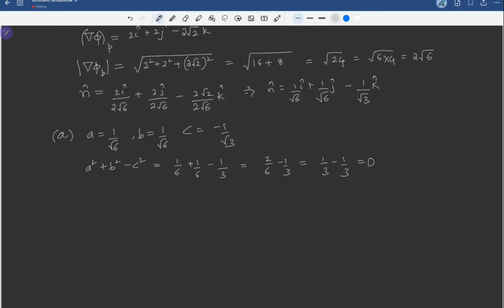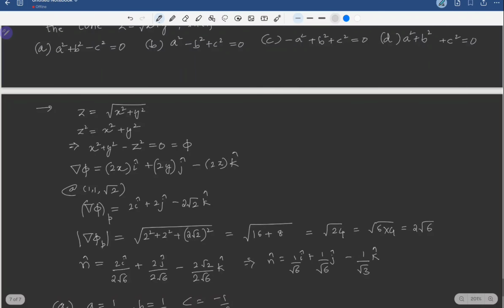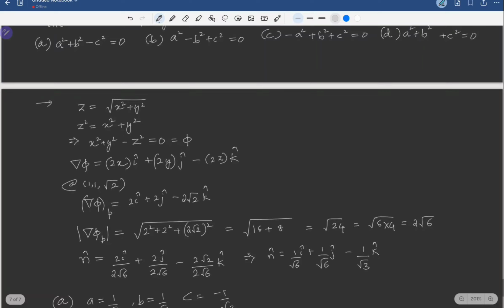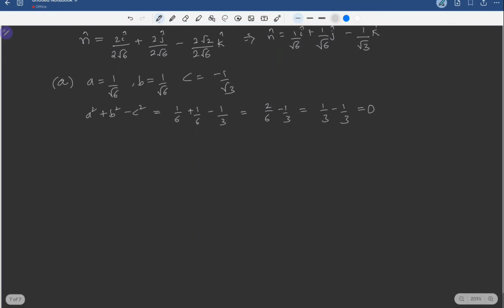Since we are not in an exam hall, I'd like to learn first, so I'll check all the options. Option B: a squared minus b squared plus c squared is equal to 0. What we get? 1 by 6 minus 1 by 6 plus 1 by 3 is equal to 1 by 3.